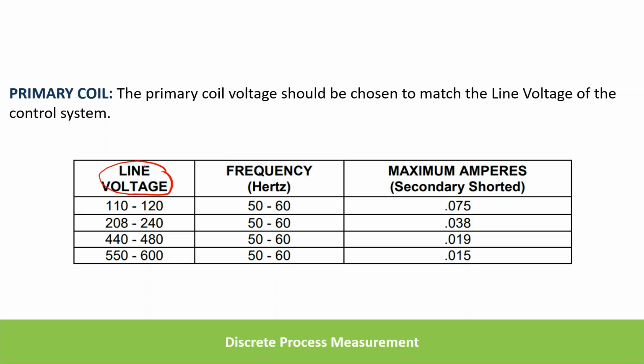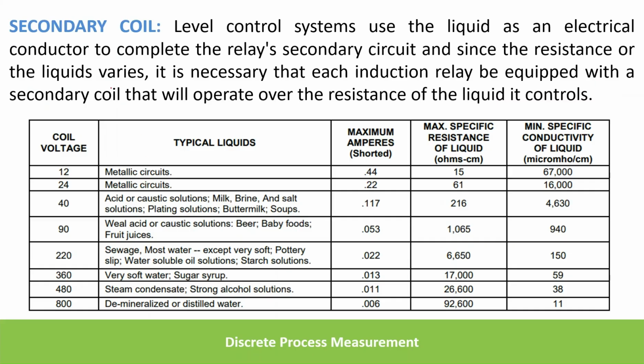Accordingly, you can select the primary coil voltage of your inductive relay. The secondary coil voltage generally depends upon the type of fluid whose level is being measured. If you are using it for metallic powders where the conductivity is very high, you can go for a low number of turns because the coil voltage requirement is very low.